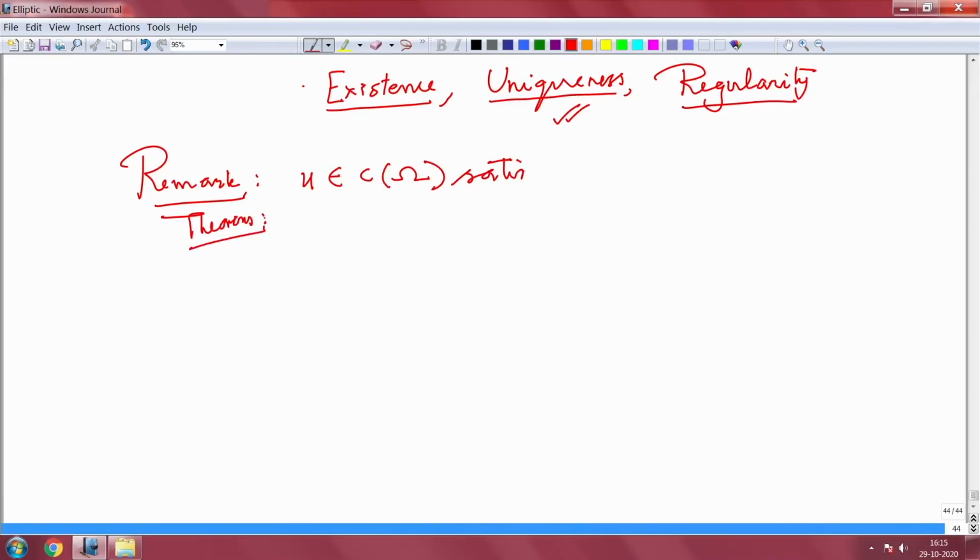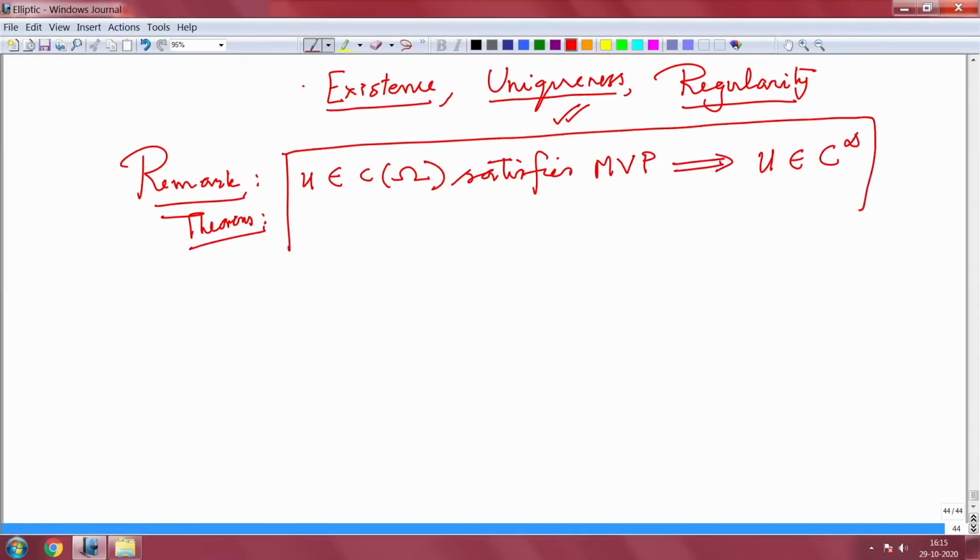As I said, we will not prove it here right now: a function that satisfies the mean value property is C infinity. So, for the main existence theorem, you may be demanding some regularity.